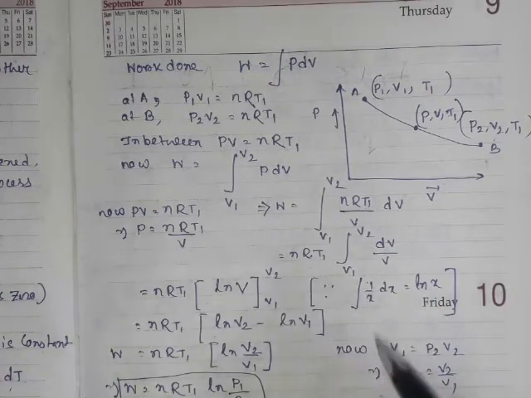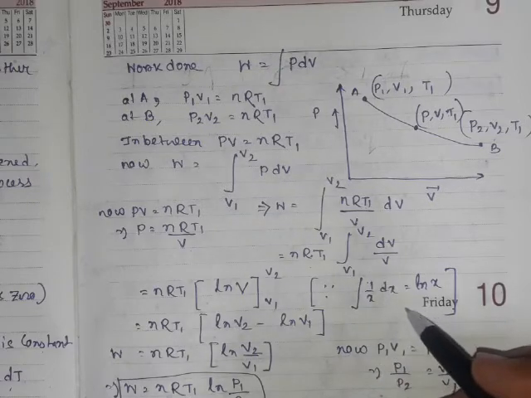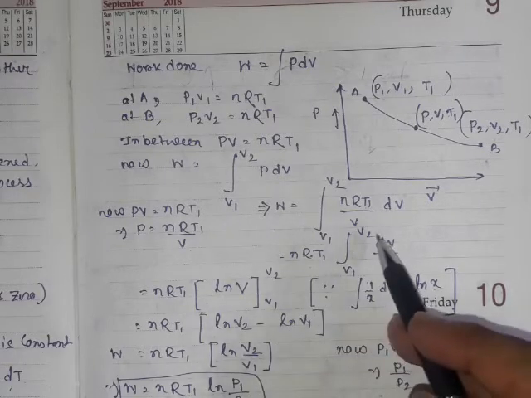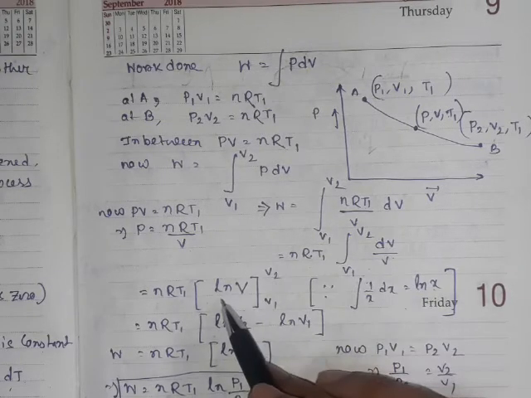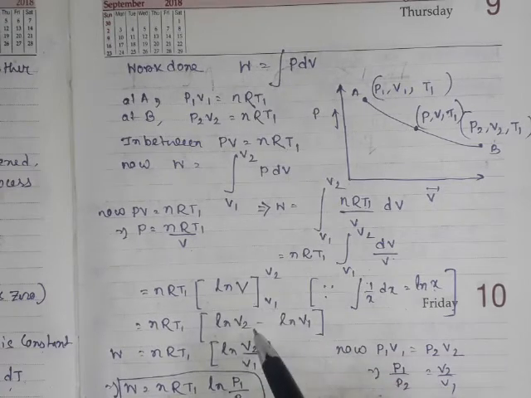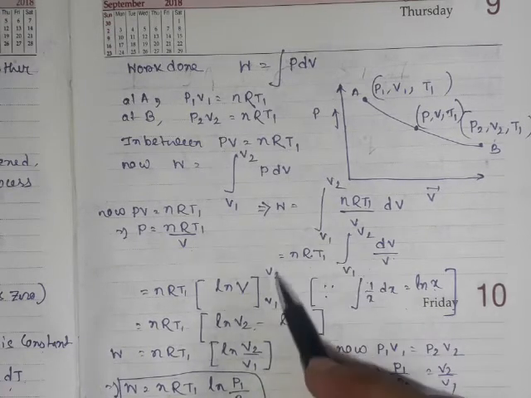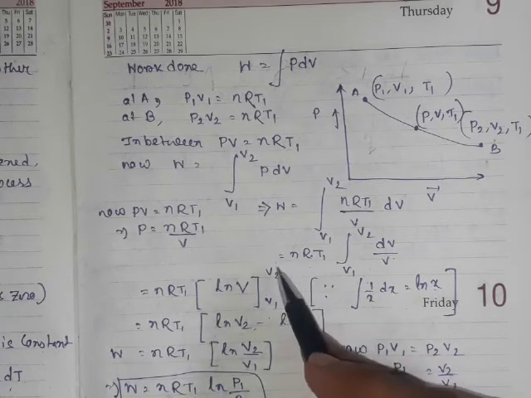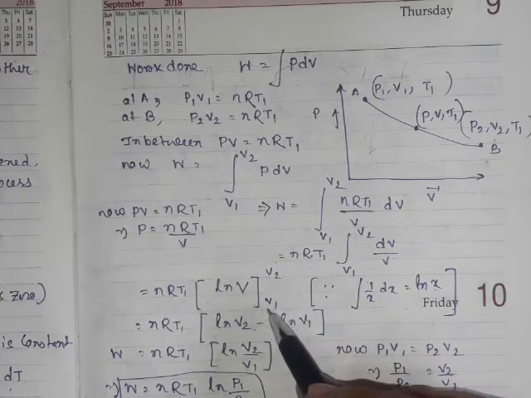As you know, the integration of 1 by x dx is ln x. ln means log to the base e, so the integration of 1 by V dV will be ln V, from V1 to V2, that is from the initial volume to the final volume. Now how to apply this limit to the equation?